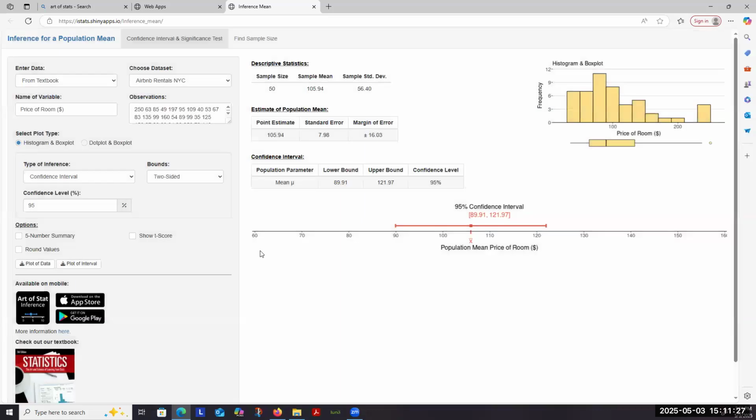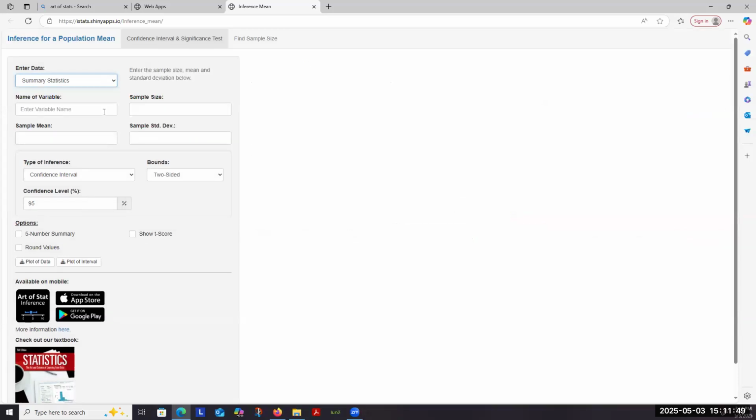For the mean, we have two different cases over here. When the data are given to you, that is going to be later when we have the t-test. But in this type of problem, you better use the summary statistic option. Then you put the information that you have over here.